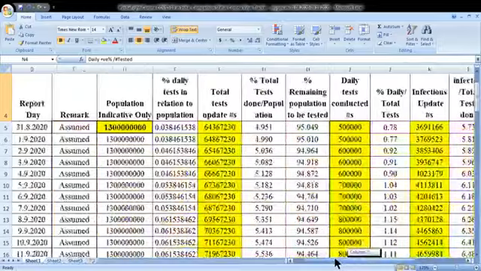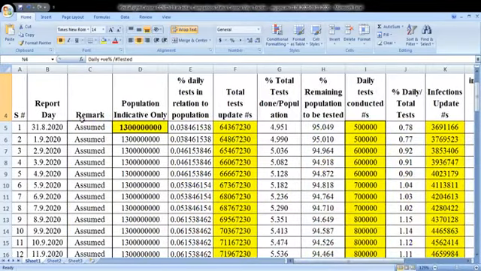This is the file of COVID-19. You see here serial number, then report day, and then population remark, and then population, which is indicative only because I don't have any particular information, so I'm writing population indicative only. Percentage daily tests in relation to population.